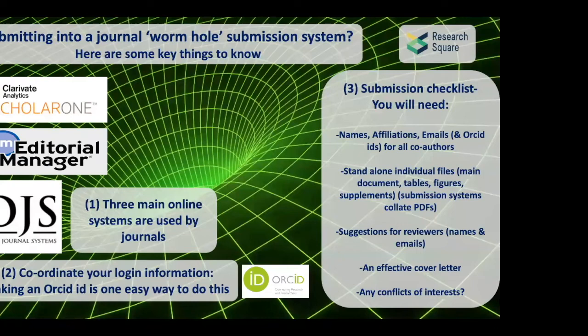So your main document, your tables, your figures, and any supplements as separate files, because most online submission systems will ask you for tables, figures, the main document as separate files, which they then collate into a PDF that gets processed by the editorial office and sent out for review, for example.